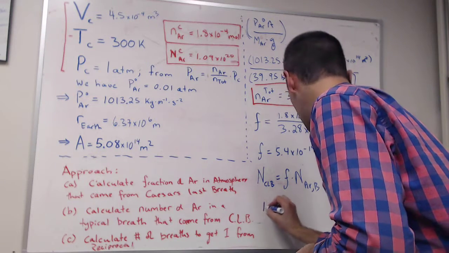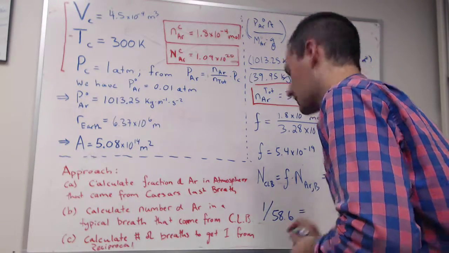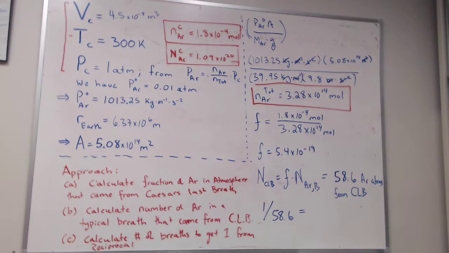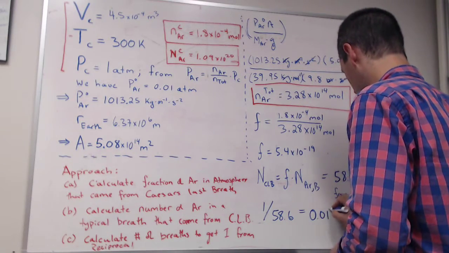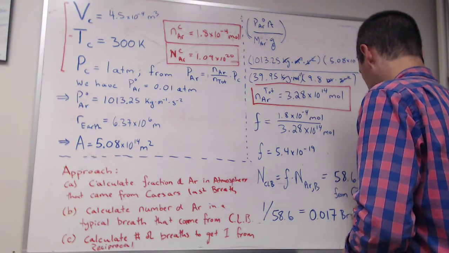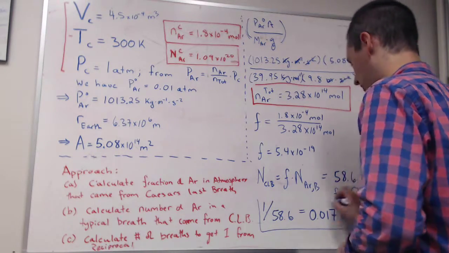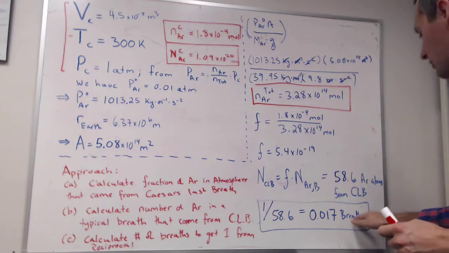So 1 over 58.6, right, is going to be 0.017 breaths. Okay, so this is the number of breaths required to get approximately 1 argon atom that came from Caesar's last breath. So it's a pretty remarkable result.